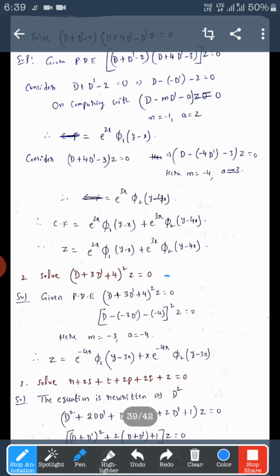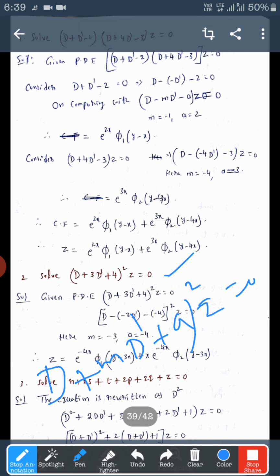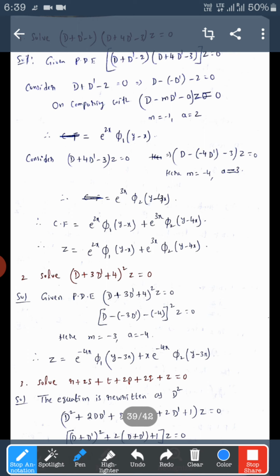Next, coming to the second example, it is of the form (D + mD' + a)^2 z = 0. Square means we have to take the two terms. That means this changes into the standard form (D - mD' - a)^2. Here m is equal to -3 and a is equal to -4.